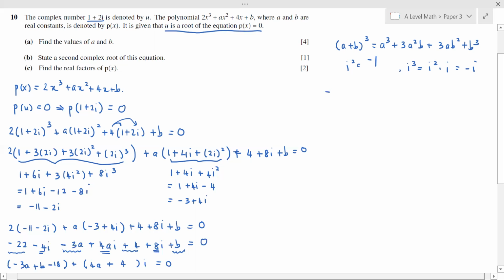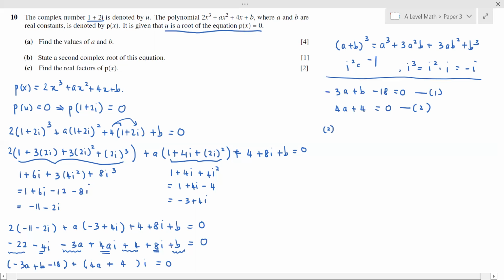So from here, negative 3a plus b minus 18 must be 0. That will be equation number 1. And let's look at the imaginary part. 4a plus 4 must be 0 as well. That is equation number 2. From equation number 2, a must be negative 1.